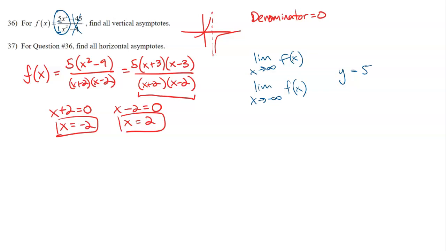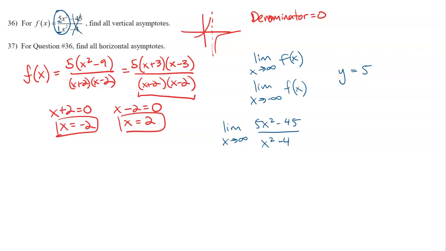But if we had to write this out and show the calculus behind it, let's see how this matches up with taking the limits. So the limit as x goes to infinity of our function, (5x squared minus 45) over (x squared minus 4). Why does this method work? Let's make this an equivalent fraction by dividing by the highest power.